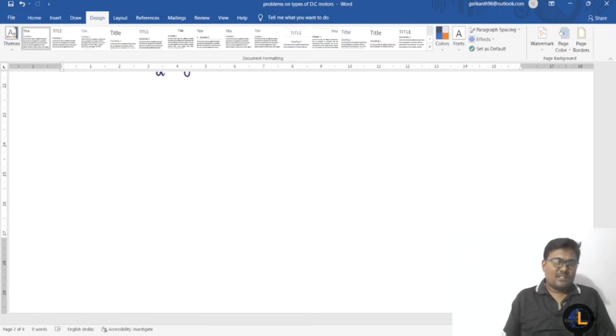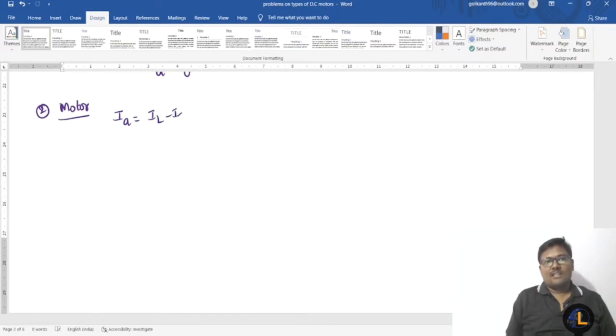If it works as a motor, IA is equal to IL minus ISH. So this is a shunt motor diagram. The construction is the same, but here we are applying a supply voltage.